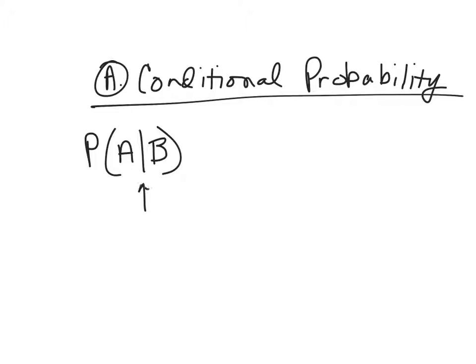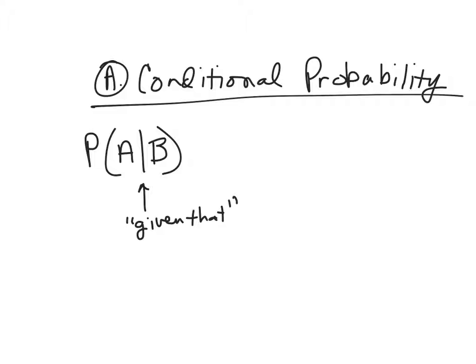Well, this vertical bar in mathematics is sometimes translated such that. I think a good way for us to think of it right now is to translate it with the words given that. So you could read this, the probability of A given that B has occurred. So that's the notion right there.